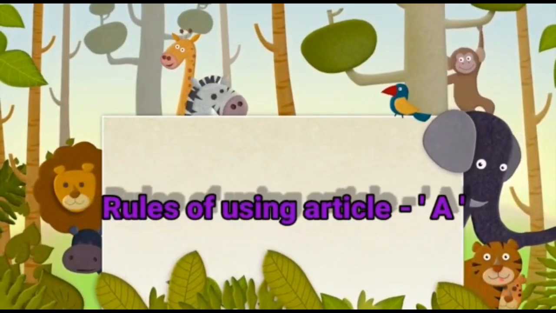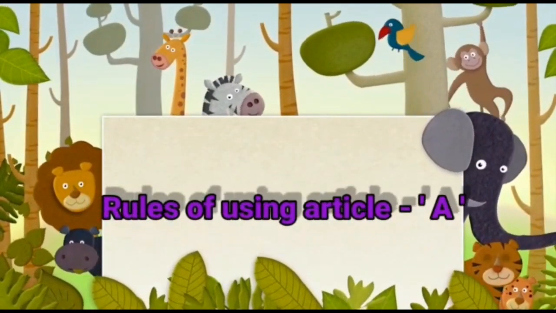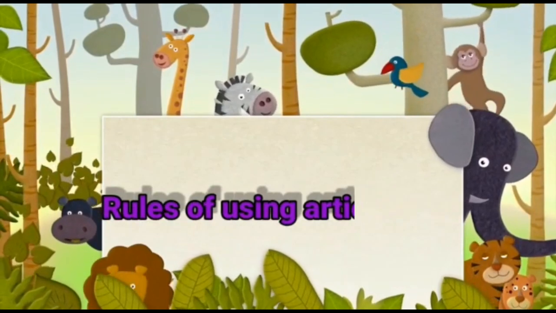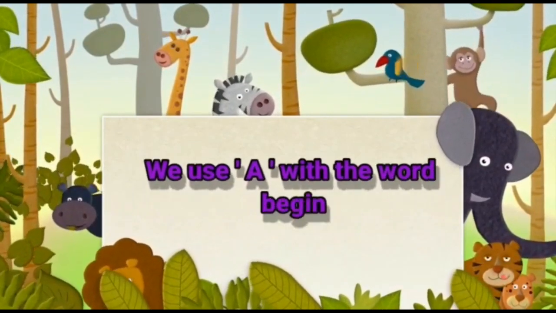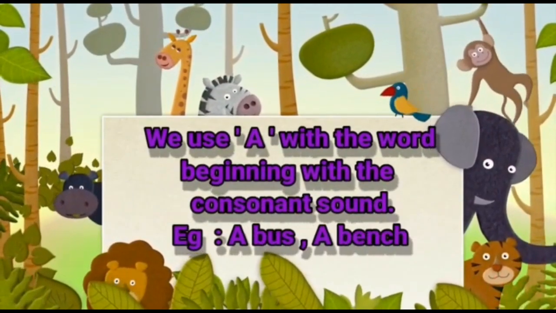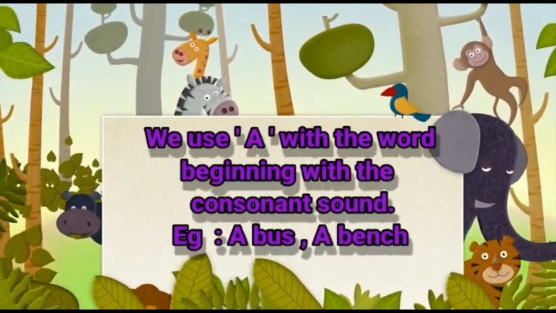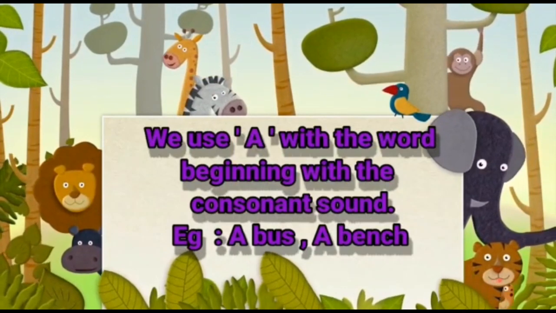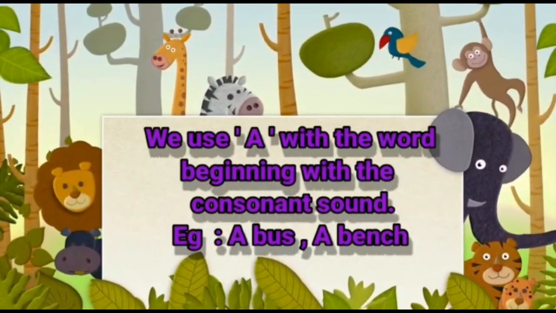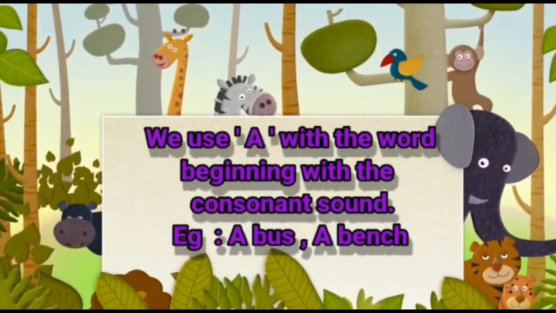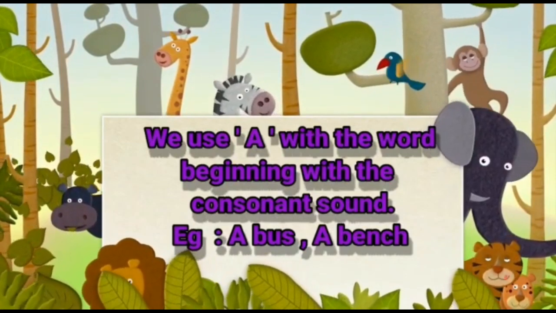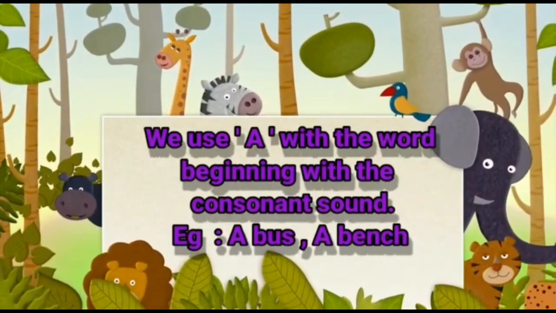Now let's know the rules of using articles. Rule number 1: the use of article a. We use a with a word beginning with a consonant sound. For example, a bus, a bench.